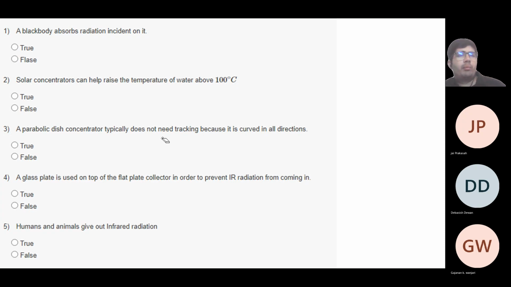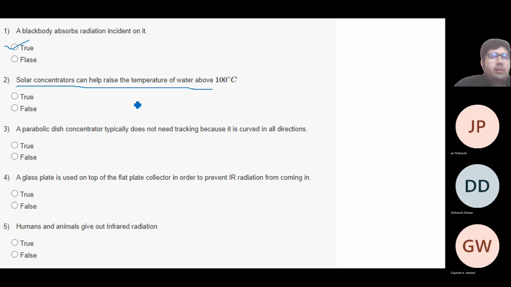The black body absorbs radiation incident on it. So it is a true statement. Now come to option 2: solar concentrators can help raise the temperature of water above 100 degrees.